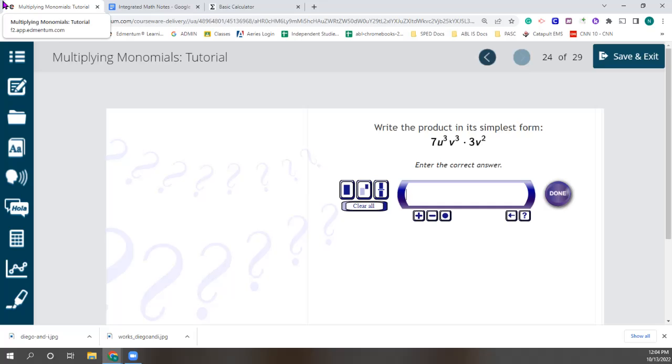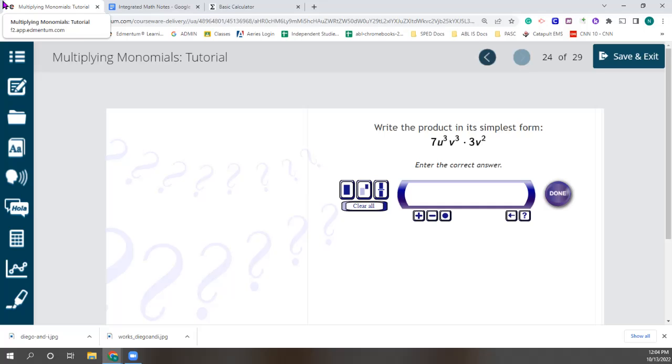U multiplied by U cubed. I don't see any other U's. Multiplied by V cubed. So V cubed multiplied by V squared.